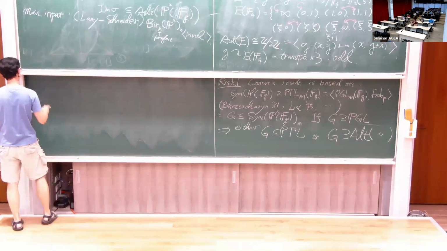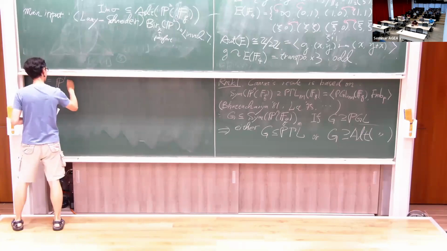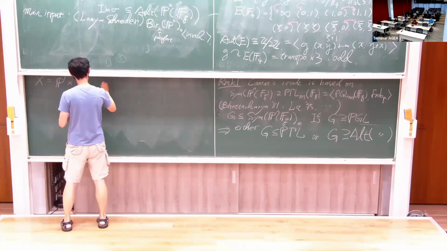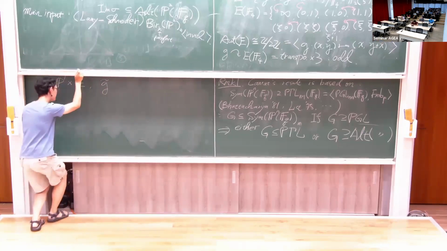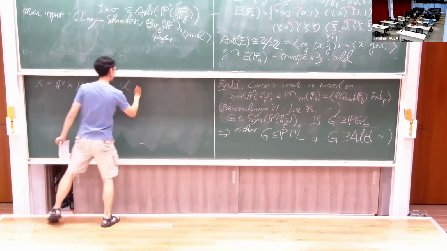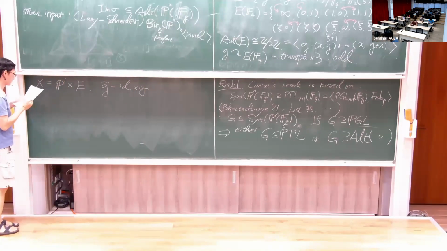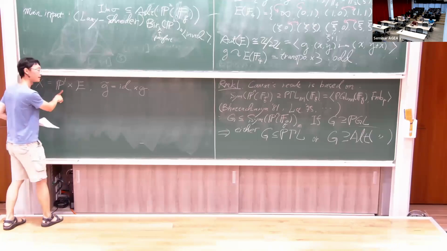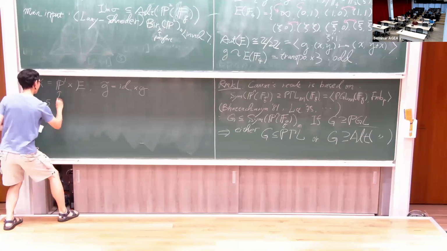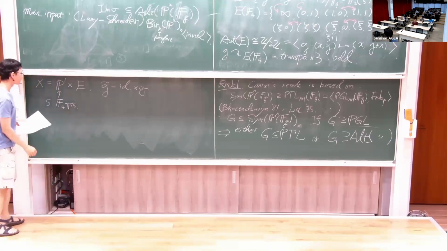You can simply take X to be the projective line P1 times E, where E is the elliptic curve, and you can consider g tilde, which acts as the identity on P1 and acts as g on the elliptic curve. On P1, there are 5 F4 points.